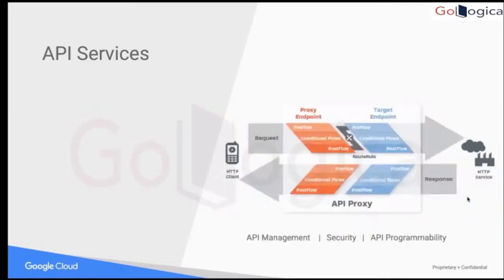We will cover this later on, but this is just a view; these are just logical representations. The proxy endpoint is the portion which is exposed to the consumer. In the same API proxy, we have two endpoints. One is the proxy endpoint, which is consumer facing. The target endpoint is the one which faces the target backend.